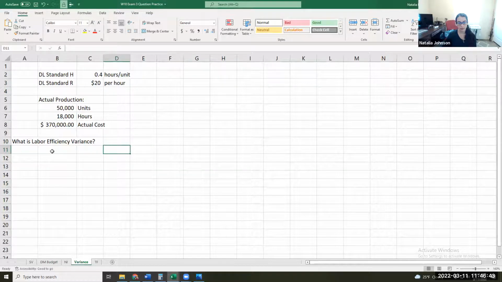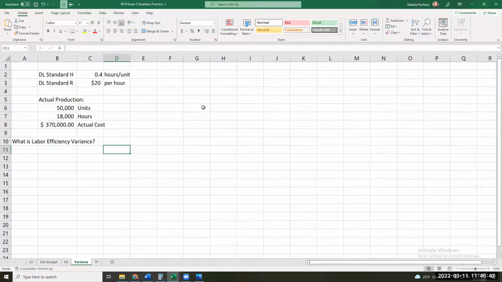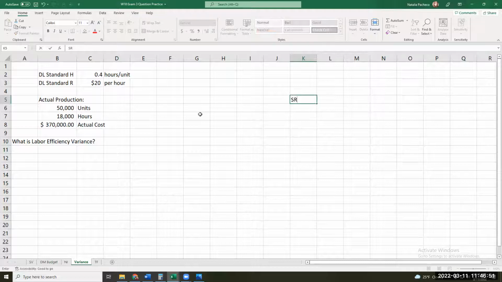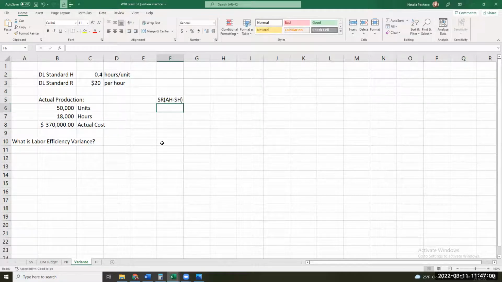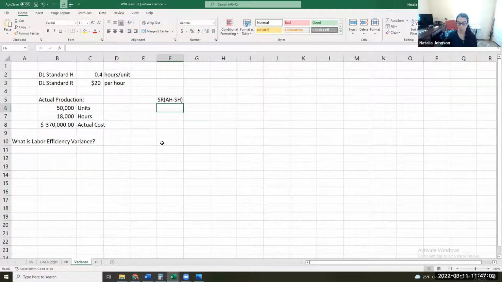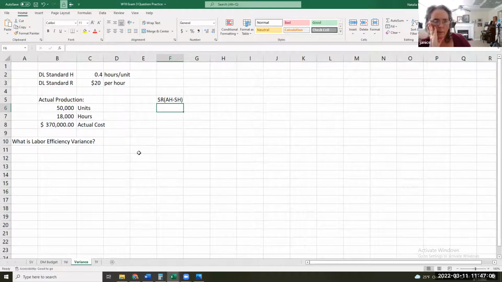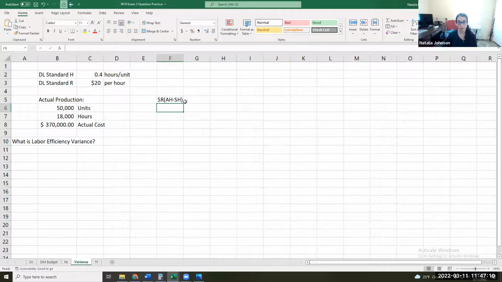So what is labor efficiency variance? It's the standard rate times the parentheses, actual hours minus standard hours. We have to multiply the 0.4 times the 50,000 units for the standard hours.